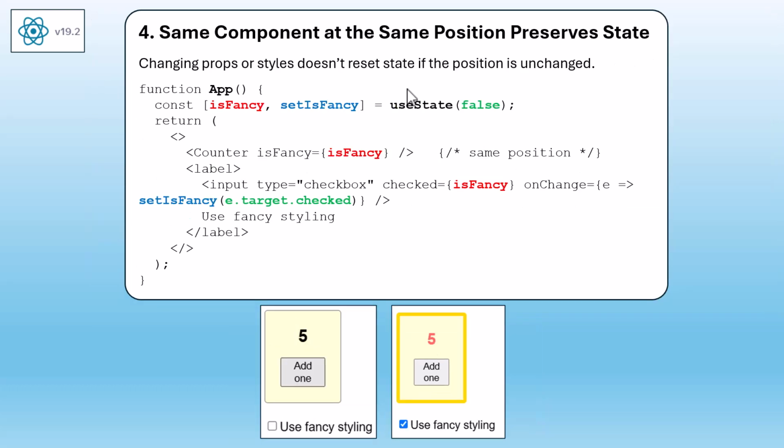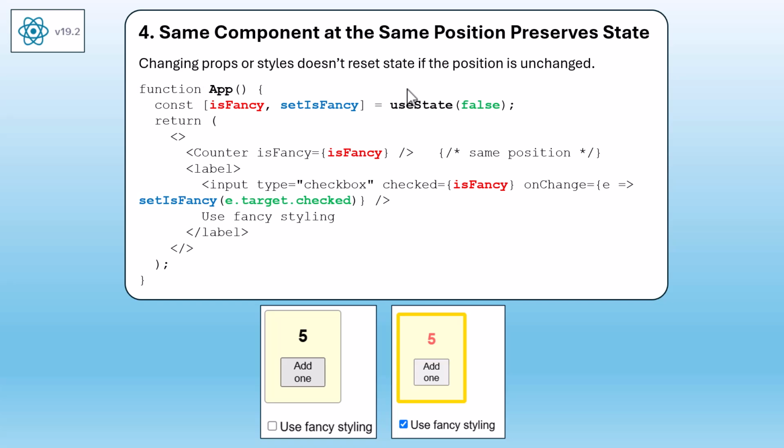4. Same component at the same position preserves state. If the same component stays in the same position, React keeps its state intact, even if you change its props or visual style. From React's perspective, it's still the same slot in the tree. For example, toggling between a fancy or non-fancy version of the same counter doesn't reset the score.